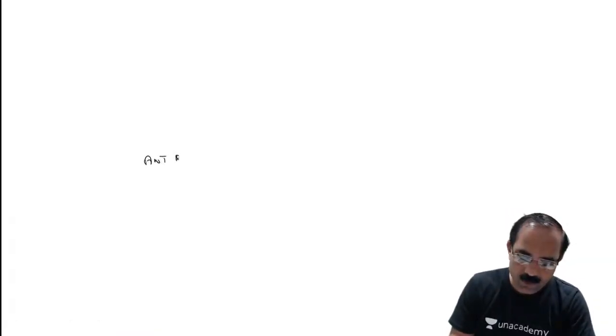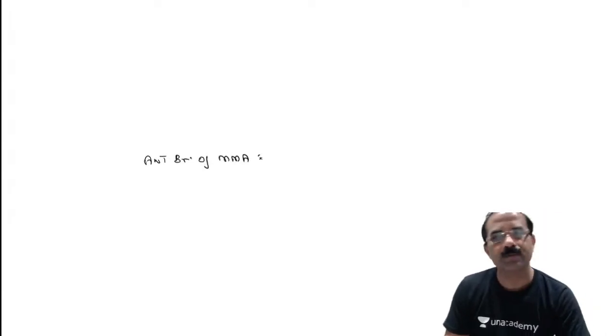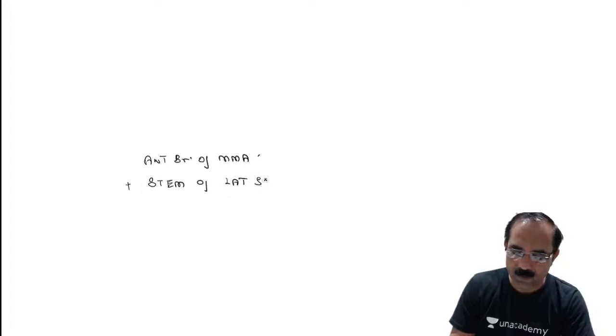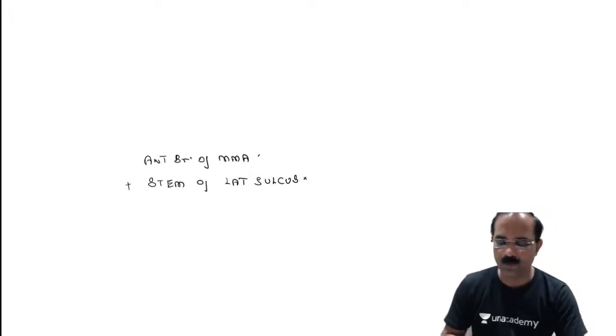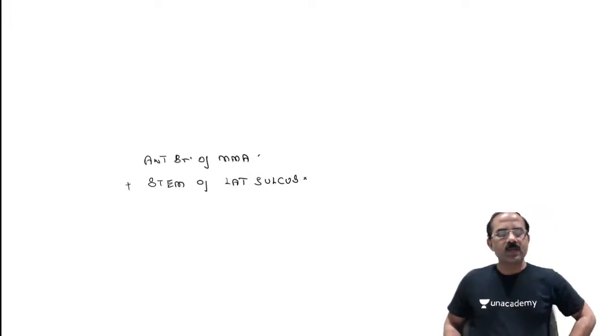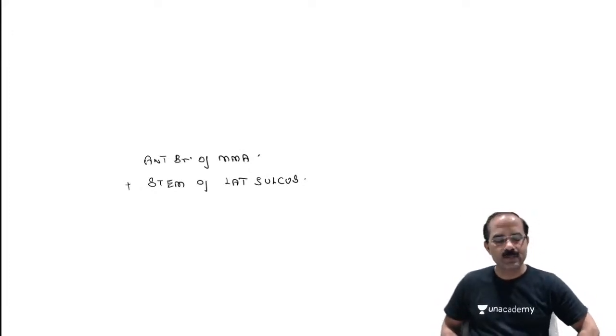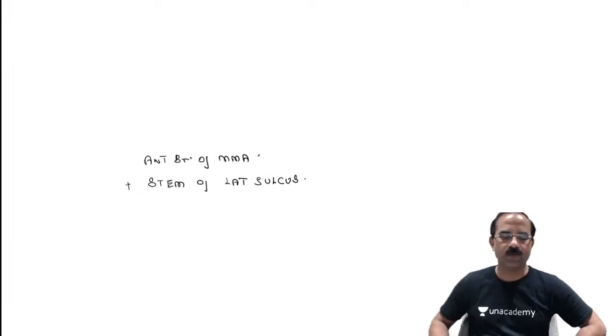Anterior branch of middle meningeal artery, and the stem of lateral sulcus. So the anterior branch of middle meningeal artery and the stem of lateral sulcus lie deep to the pterion.